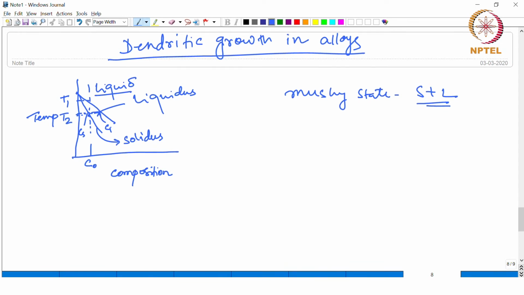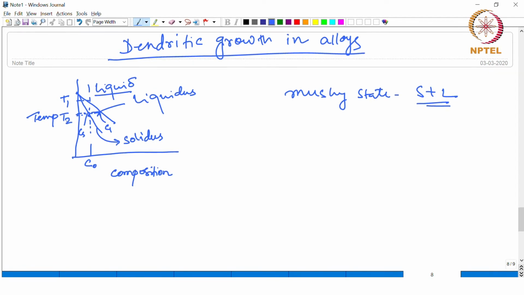Cs is the composition of the solid in terms of the percentage or the amount of the alloying element or the solute, and Cl is the composition of the liquid at this particular temperature T2.